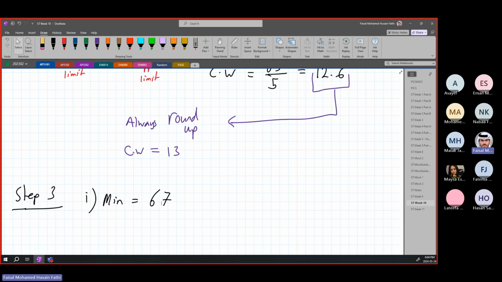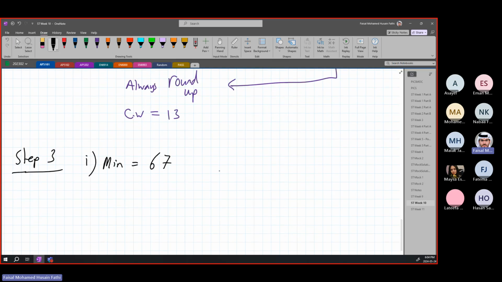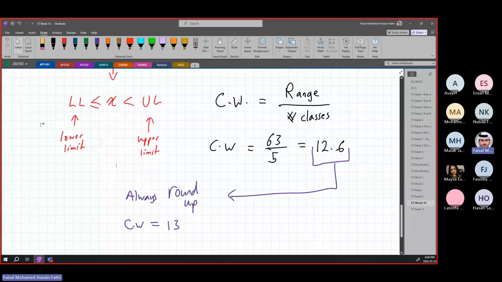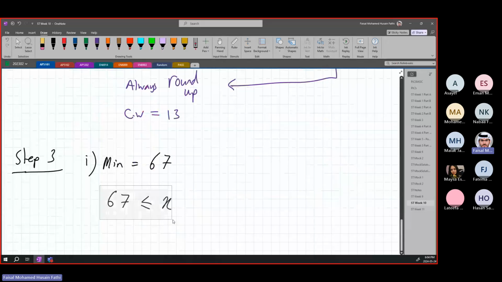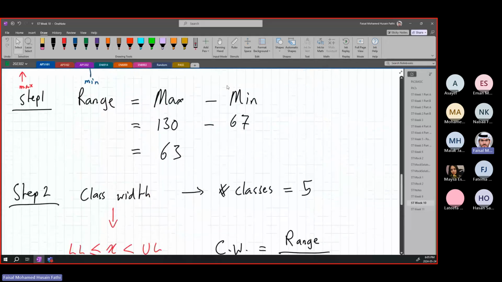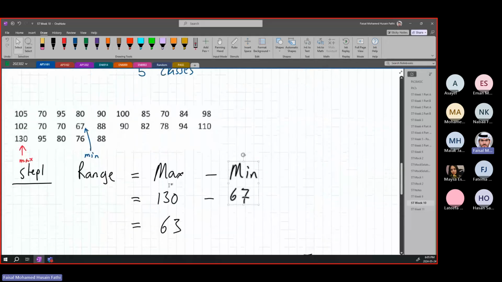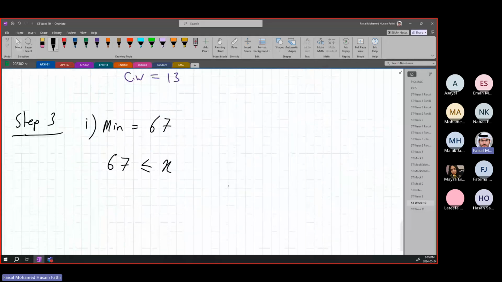This is also the lower boundary, where we are going to start our first point from. This is going to be our first lower limit or lower boundary. So we're going to say that 67 is less than or equal to x. This is our very first number because this is the minimum, the smallest number we have in our sample.